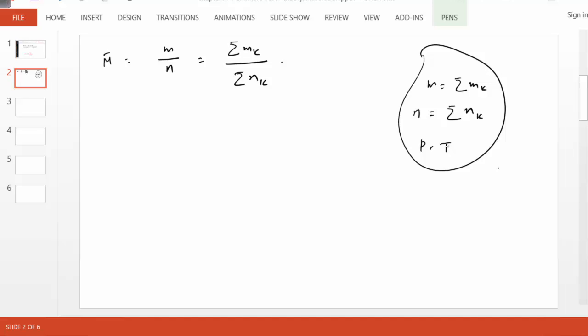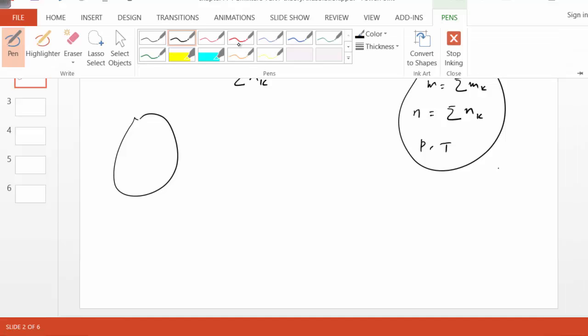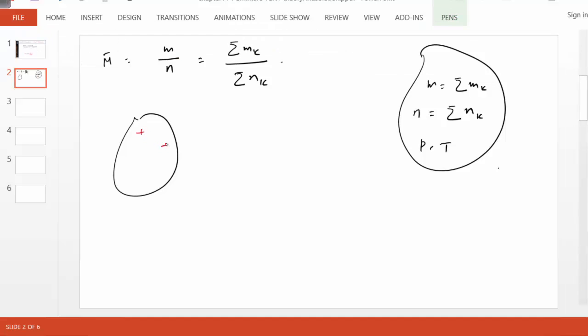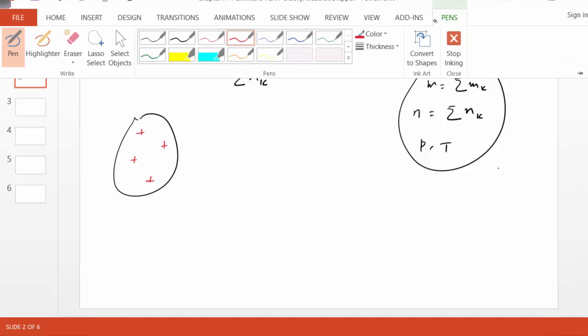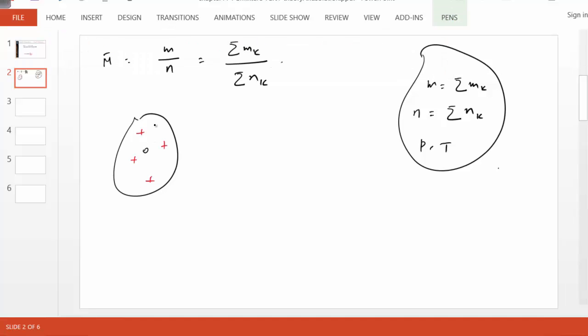So the first thing to understand how a mixture behaves is through superposition. Let me just explain. Suppose we have a mixture made of, let's say, some red molecules and black molecules.